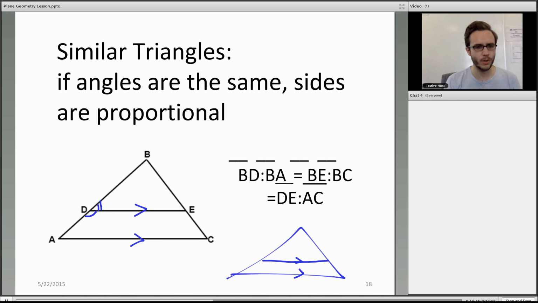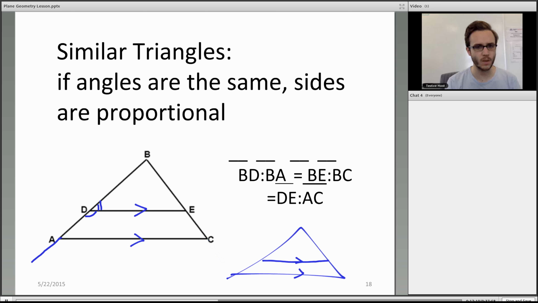We also know if we were to extend this in this direction, we'd be able to see that if this line is parallel, then of course this angle right here, DAC, is the same as angle BDE.